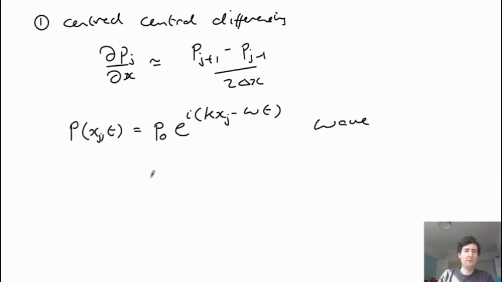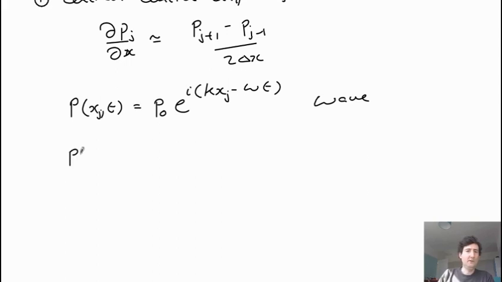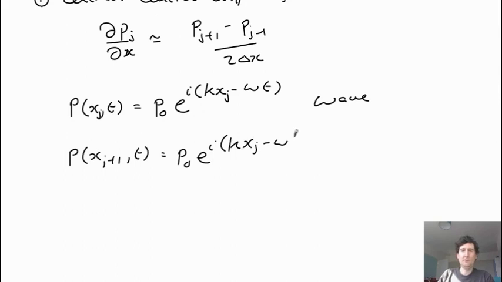And then what we have is that p at xj plus 1 and time is of course just the same thing, except now we have j plus 1, which is just xj plus delta x. And so this you can just write as p naught, the same thing, so e to the i k xj minus omega t.